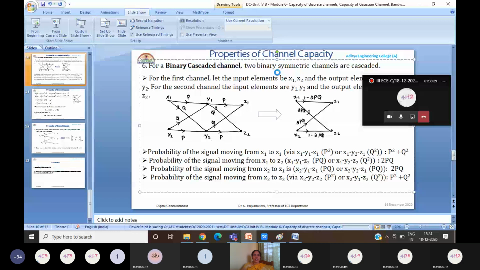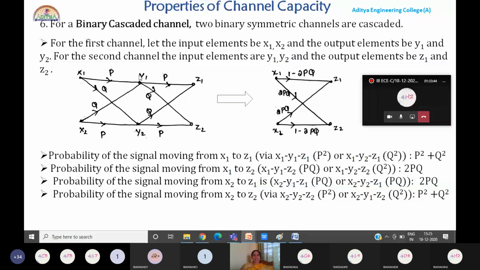Okay. Now, cascaded means the output of first channel is fed as input to the second channel. Here let us consider the first channel. Please go through the channel shown here. This is the channel given to you, and what are the inputs? X1, X2. What are the outputs of the cascaded channel? Z1 and Z2. But if you observe, an intermediate section is also available, that is section Y, consisting of two elements Y1 and Y2.